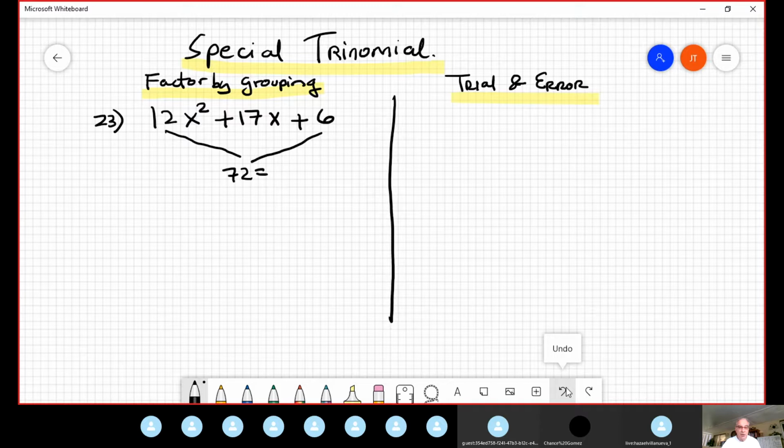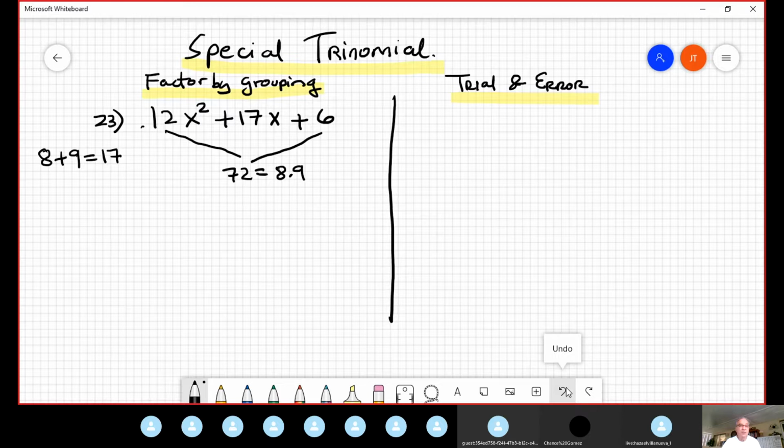Therefore, I investigate the factors of 72, two factors that when you add give me 17. It's 8 and 9, or 9 and 8. The order doesn't matter, right? Because 8 plus 9 is 17, and 8 times 9 is 72. This is the combination.